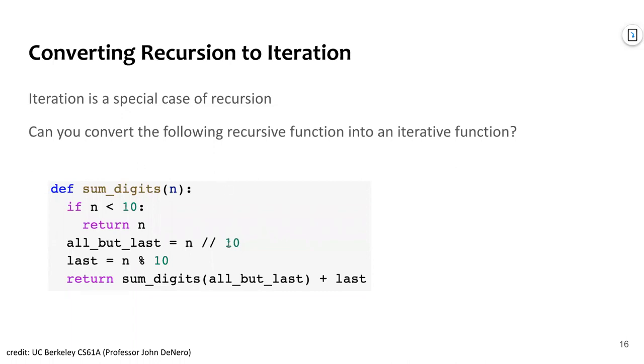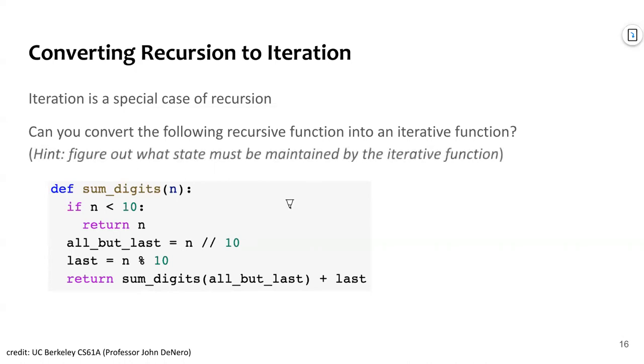Okay, let's convert this function into an iterative one together. When you convert a recursive function into iteration, you need to figure out what state must be maintained by the iterative function.